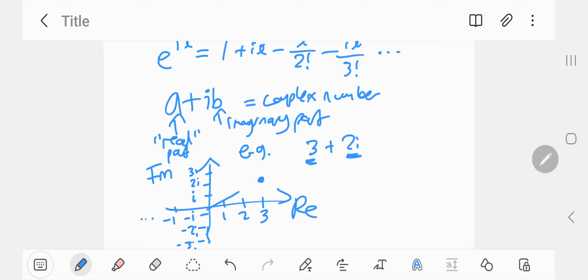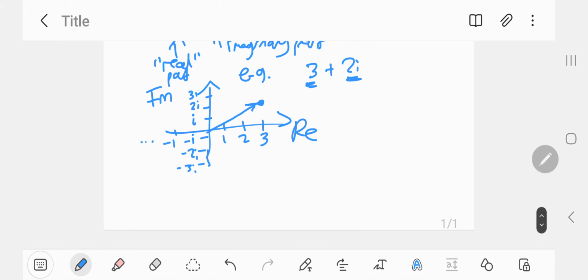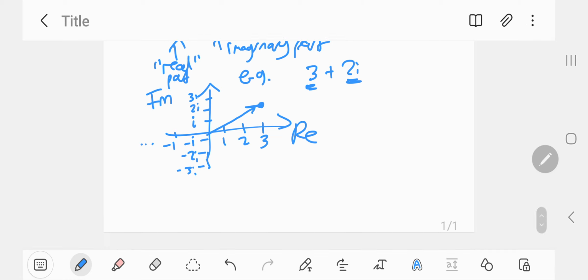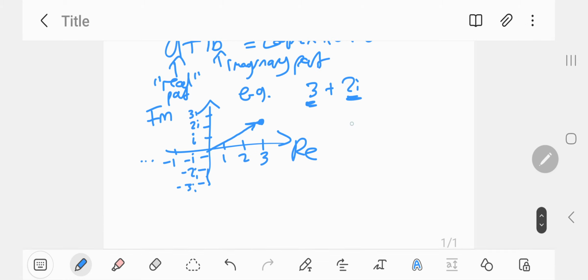That's our complex number. We draw a line there with an arrow sometimes. So that's a complex number, just a little deviation from our discussion, just interesting to know. If you had something like -1 minus i, -1's down here, minus i's here, put a dot, and there's your complex number.